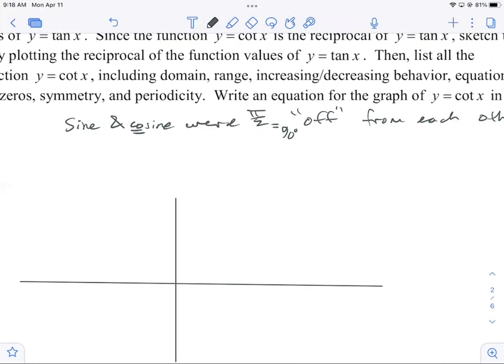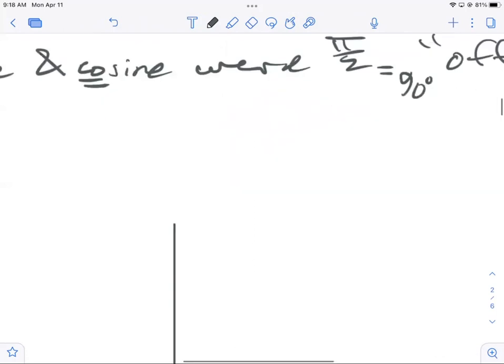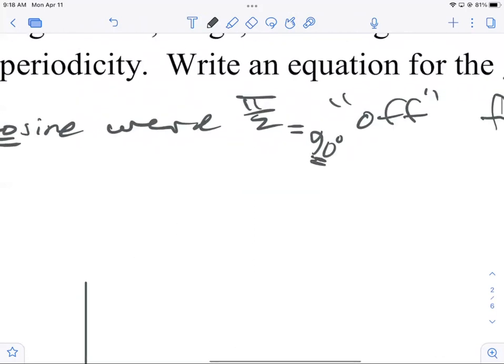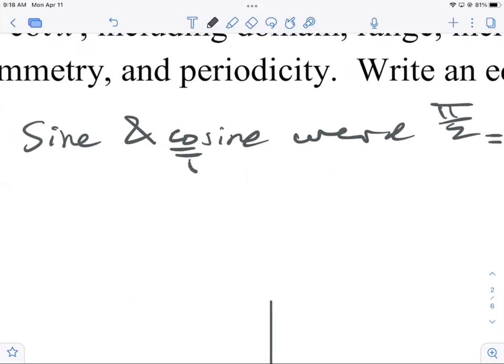What if I told you it has to do with 90 degrees or pi halves radians? Complementary, thank you. Nice.